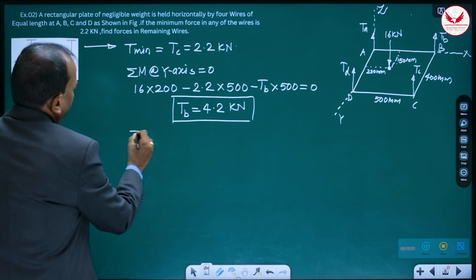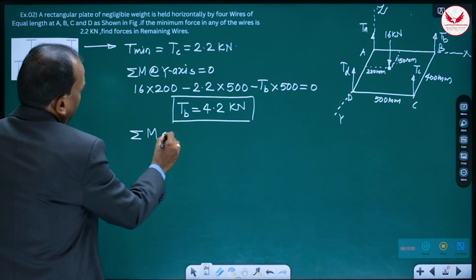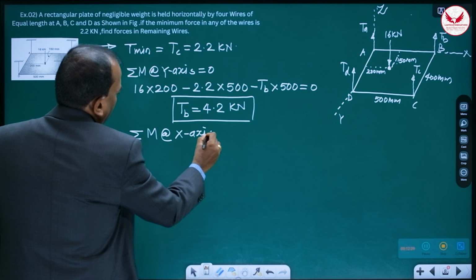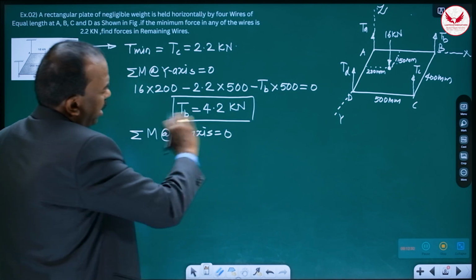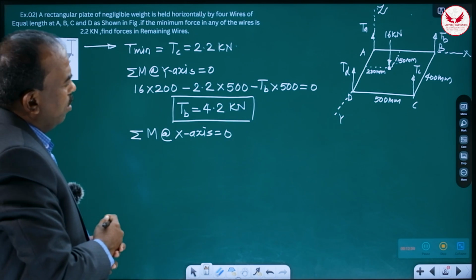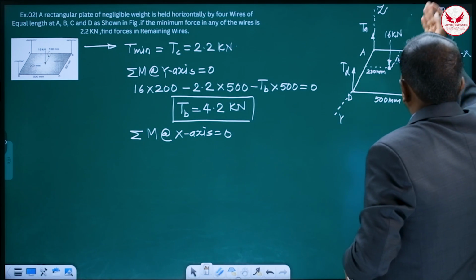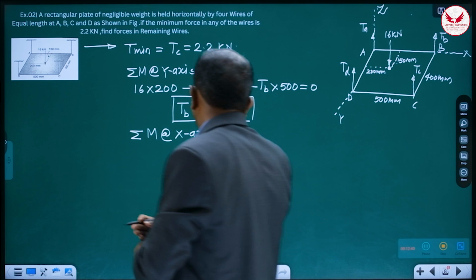Now twice M means summation M about x-axis also. About x-axis is equal to 0, or about AB equal to 0. Then now if we are standing over here, the moment of TD, TC is clockwise and moment of 16 is anti-clockwise.